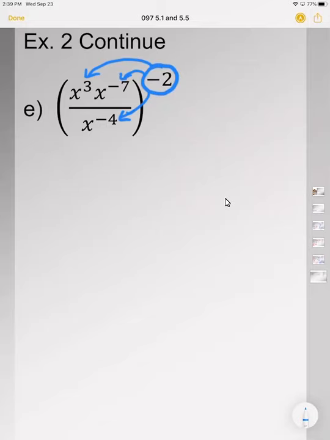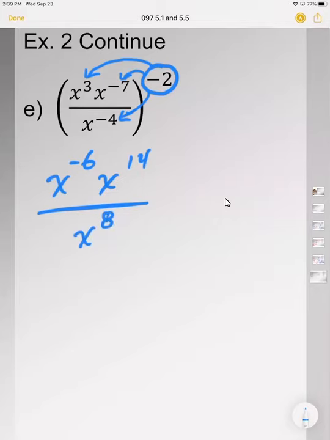And if I distribute this here, this is what I have. -2 times 3 will give me x to the -6. Negative times a negative will give me a positive 14, and vice versa. Negative times a negative, this will give me a positive 8.